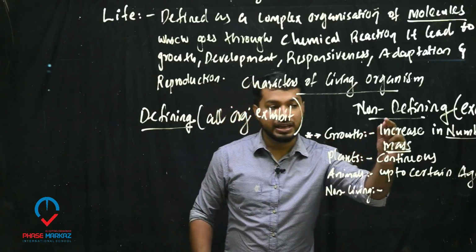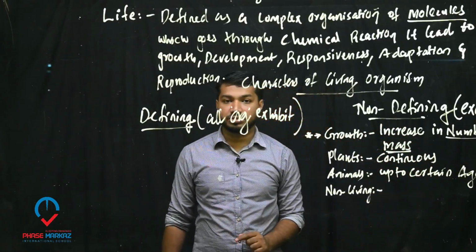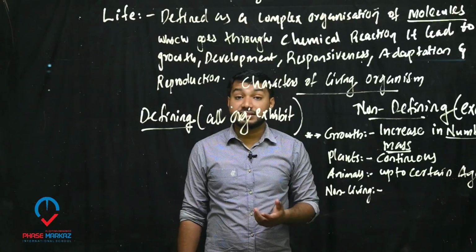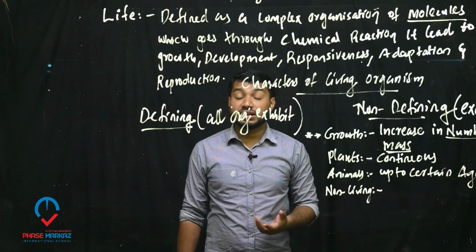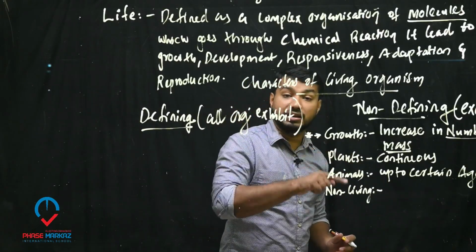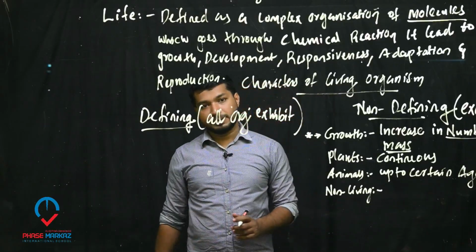So what we discussed, increasing mass is considered as growth. So that's the reason growth cannot be considered a defining property. According to the definition, we would have to say that non-living things are also growing.